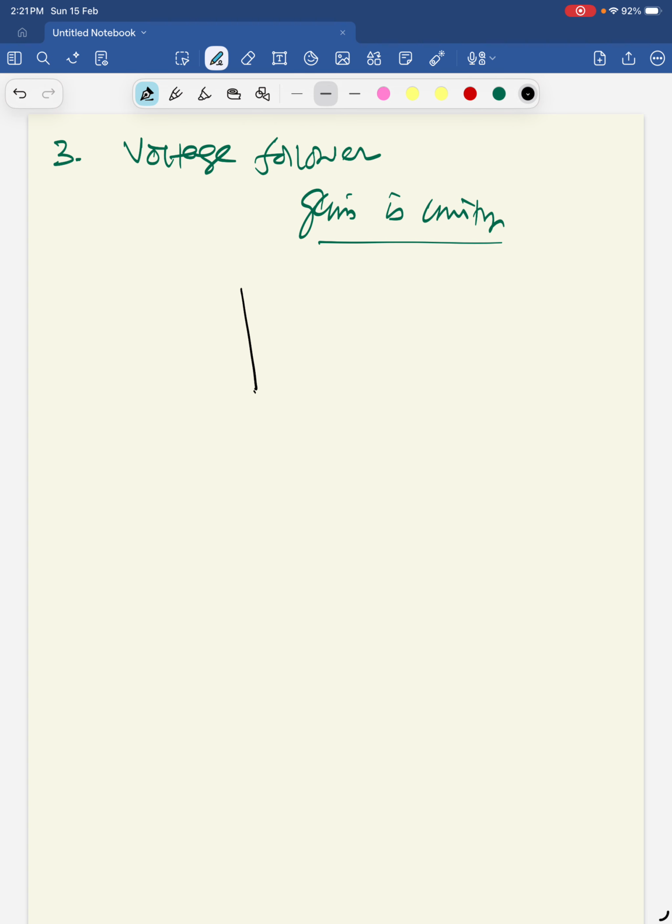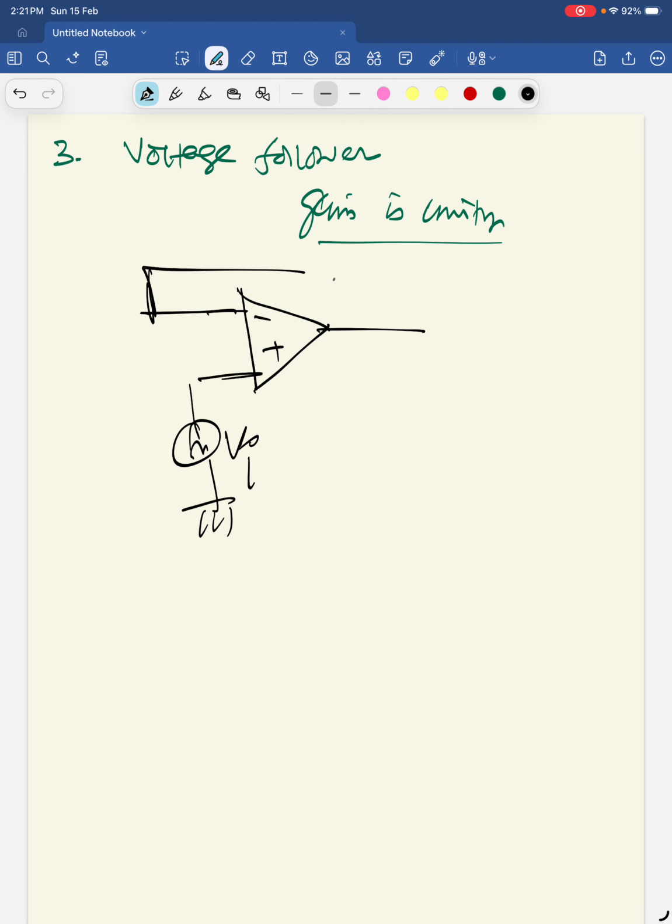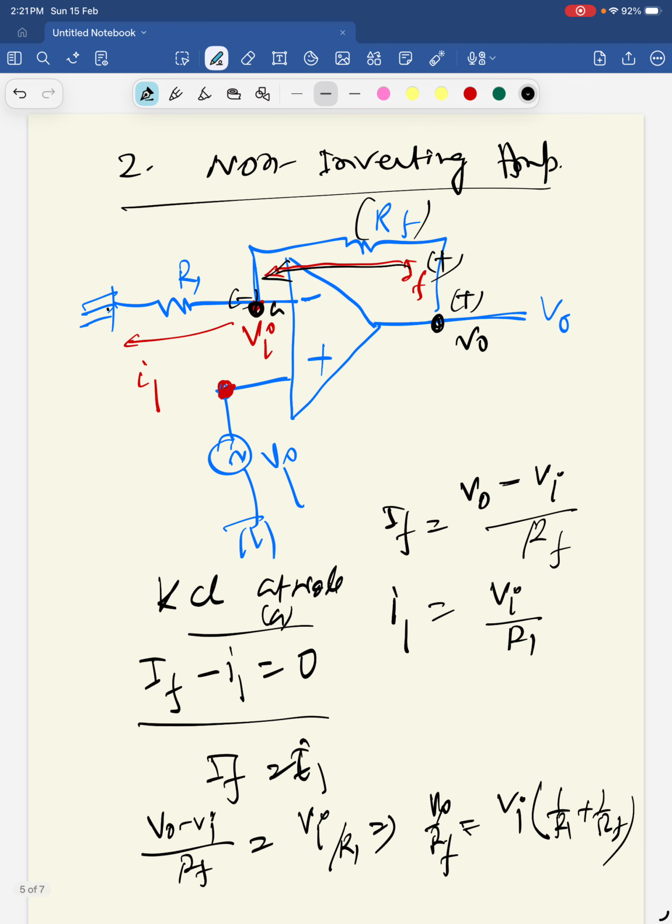So this one op amp, this is minus, this is plus, here we provide the input, suppose Vi, and here we connect the output back to the inverting input. Now what have we done here in this circuit?